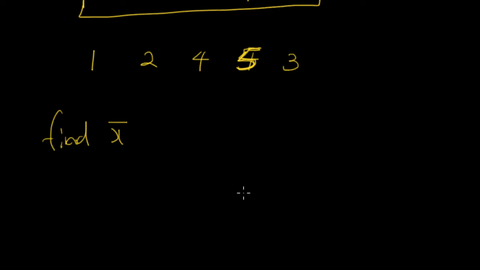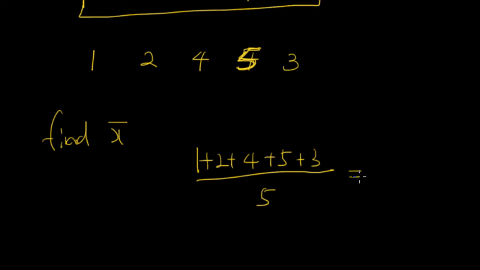Well, you add all the data, 1 plus 2 plus 4 plus 5 plus 3, divide that by number of data point, 5, right? So what would this be? This would be 3, 7, 10, 15, divide by 5, which becomes nice number 3.